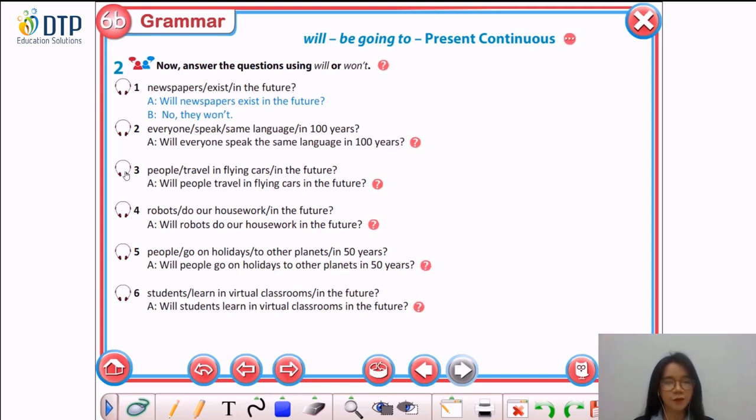How about the fourth one? Will robots do our housework in the future? Good job. The next one. Will people go on holiday to other planets in 50 years? Excellent. And the last question. Will students learn in virtual classrooms in the future?